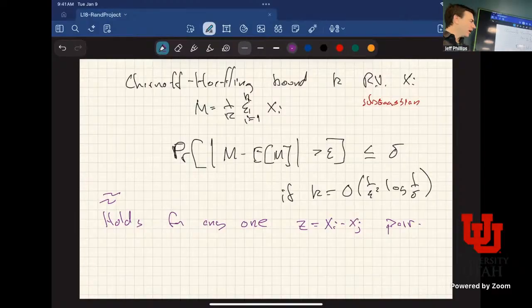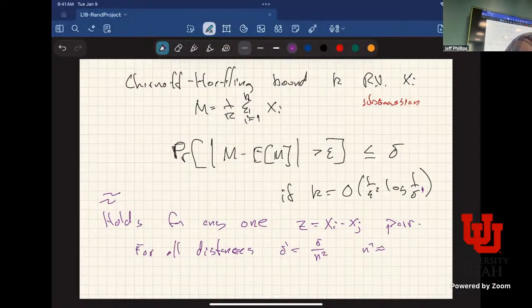Now, I want this to hold for all the distances at once. For all distances, I'm going to make this delta prime, equal to delta divided by n squared, because n squared is approximately the number of pairs.